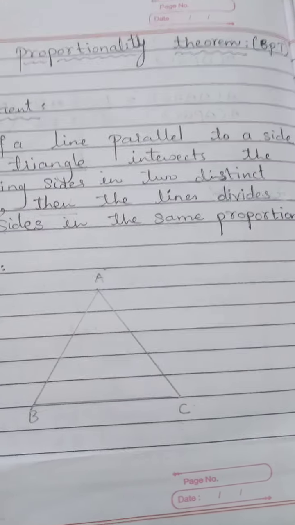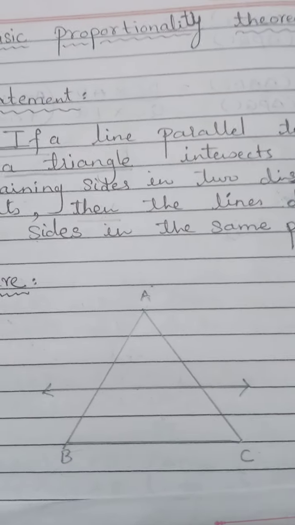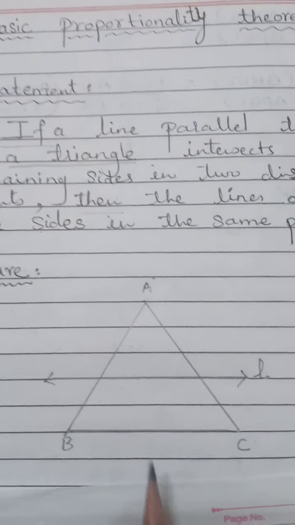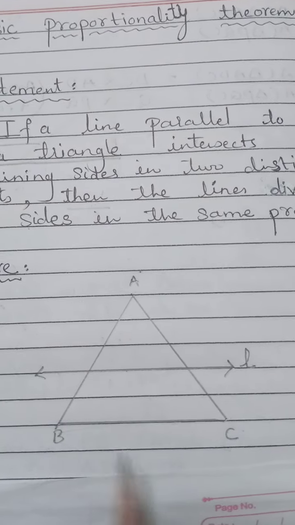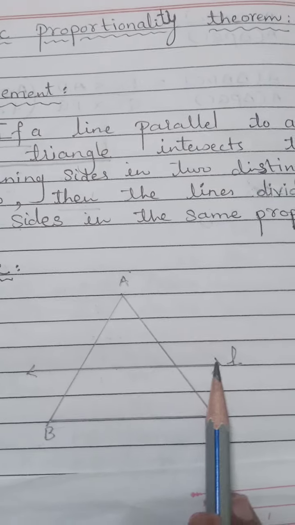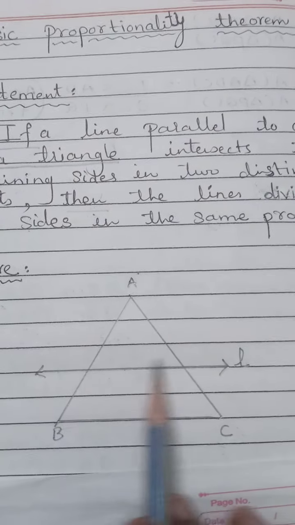Now we will draw a line. Here we have taken a line. I'll name this line l. So we can say that line l is parallel to side BC. Now whenever we draw this line, it intersects the sides AB and AC at two distinct points.